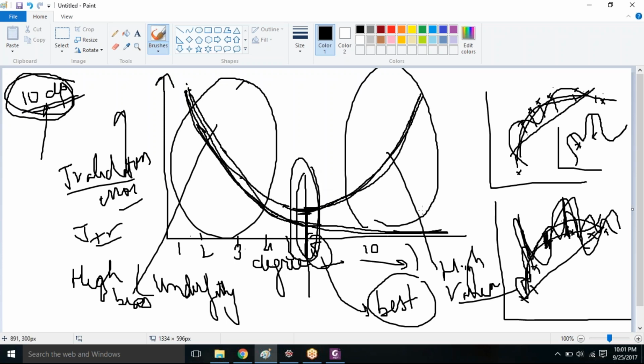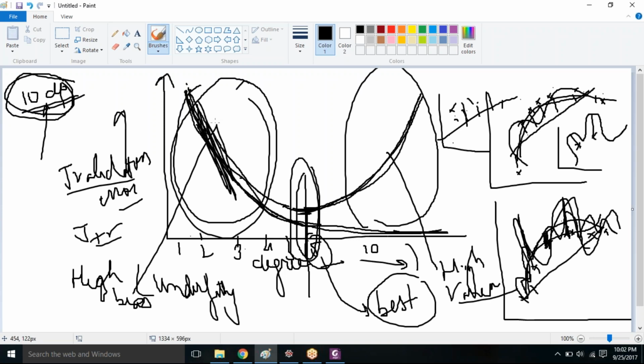As I told you, we have revised this a number of times now. One case is when you have this kind of trend and you are fitting a line. The line itself is of low degree, and in the training data itself the error is high. In the validation also it is high. So in this region your training curve and validation curve both are high.